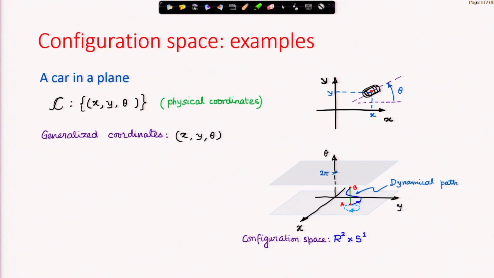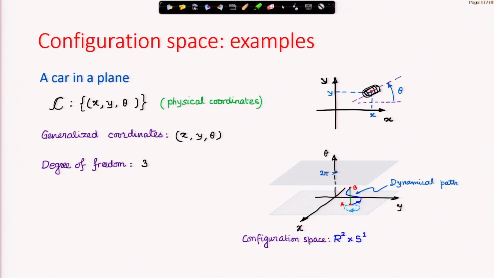It can roll, the wheels can roll, but wheels cannot slide sideways. So, there is a difference between dynamical path and any path in the configuration space. Arbitrary paths cannot possibly be connected in systems where there are these kinds of constraints. We are going to discuss this a little later.